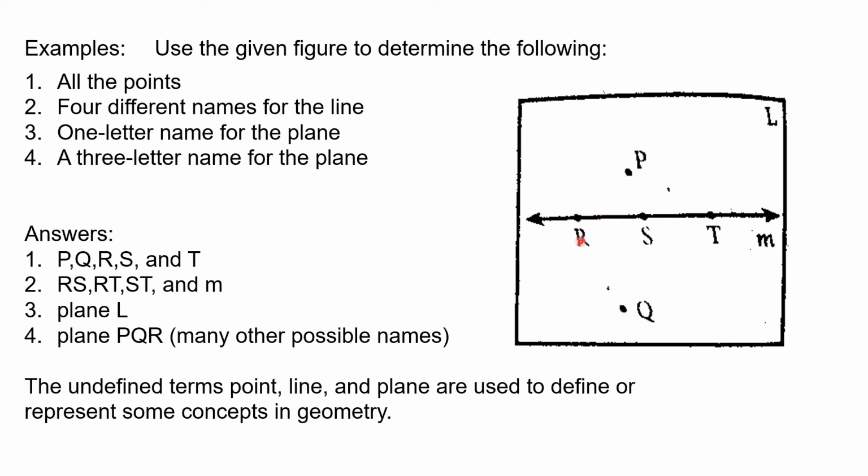We can also use plane RSP, plane RSQ, plane STP, plane STQ, and many more. So the undefined terms point, line, and plane are used to define or represent some concepts in geometry. These are the undefined terms in geometry.